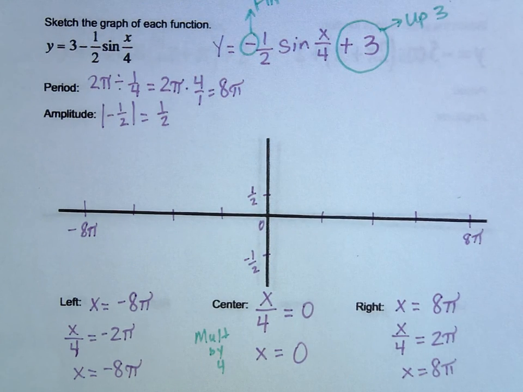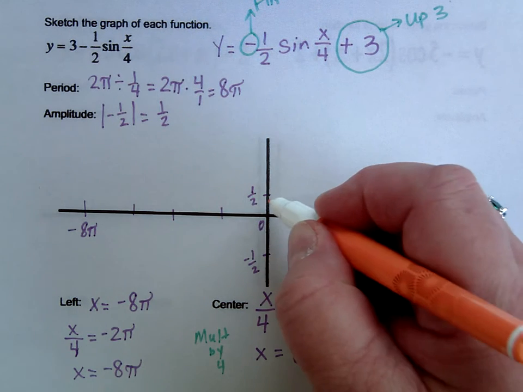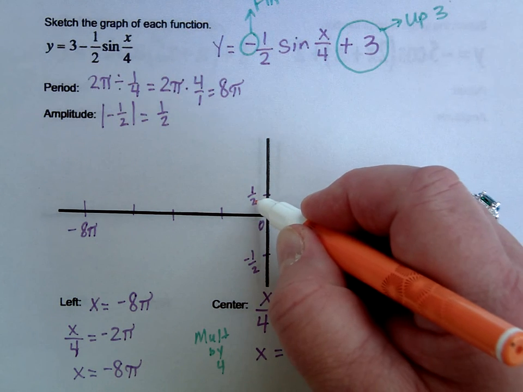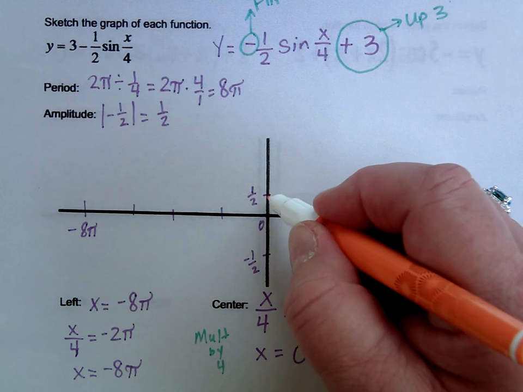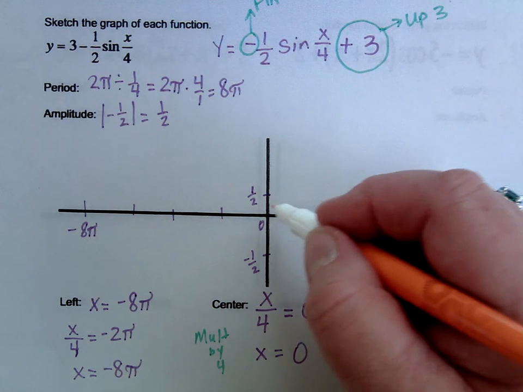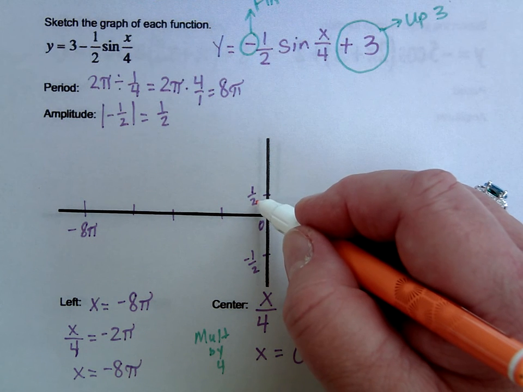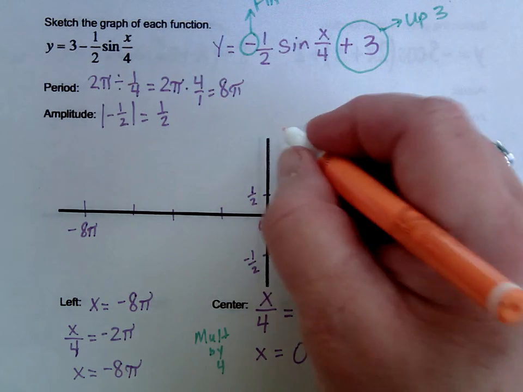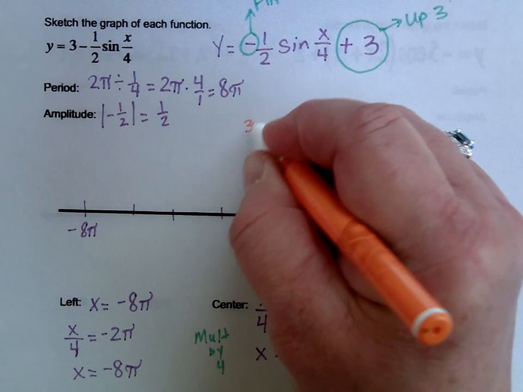Here's where it gets really dicey. Let me first figure out what my new tops and bottoms are going to be. Normally my topmost point would be at 1/2 when I plot this out. But if I move up 3, if I'm at 1/2 and I add 3 to it, where am I? You would say, you're at 3.5, winner.